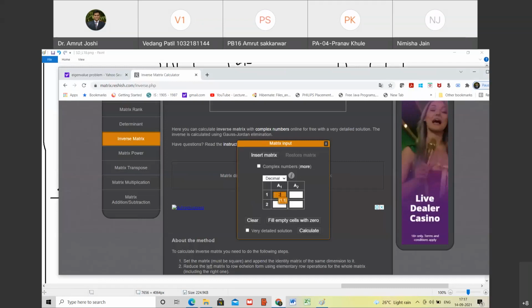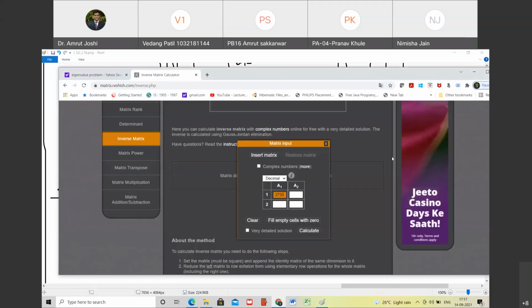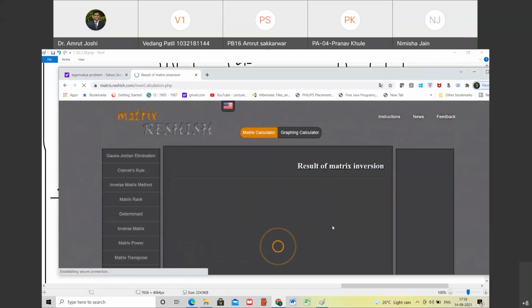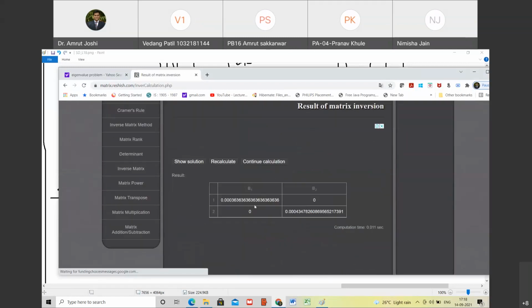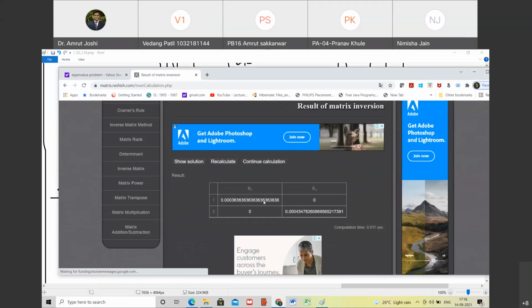So here, what is the first element? 2750. Tell me, are you able to see my screen? Yes. Tell me the second element, 0. What is the next element here? 0. And what is this element? 2300. Do you agree with me? Yes. Calculate. So the inverse of this is the inverse of the matrix.